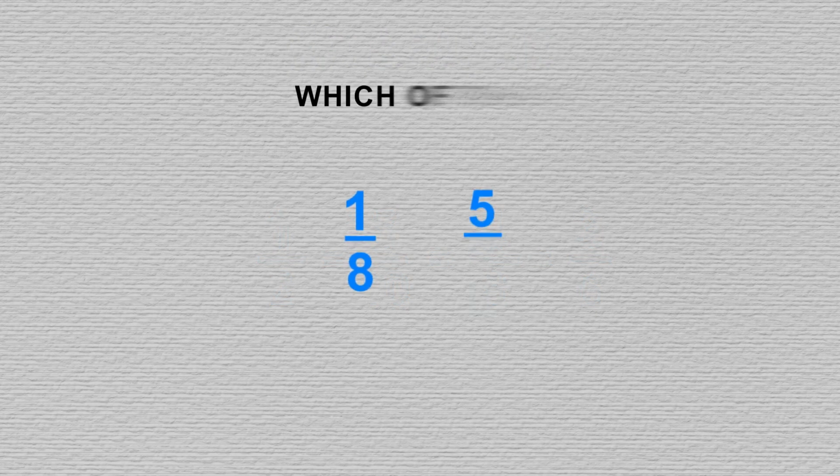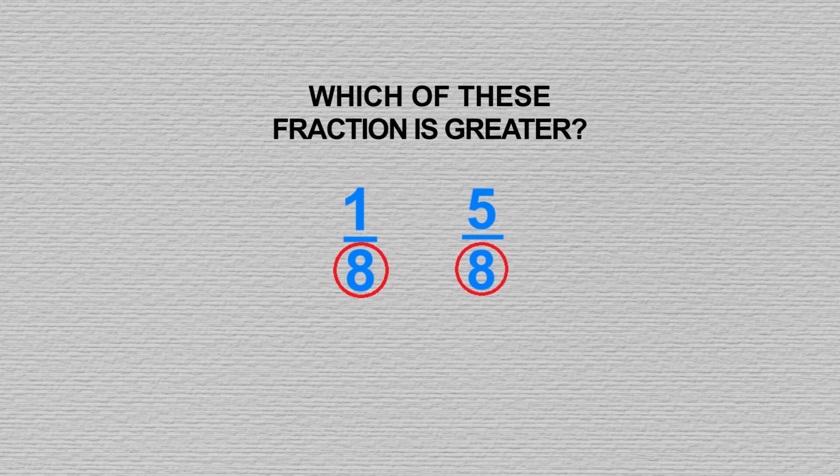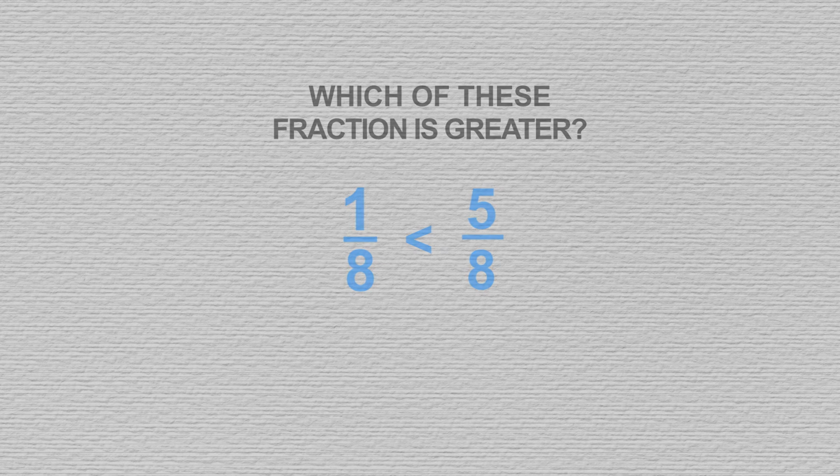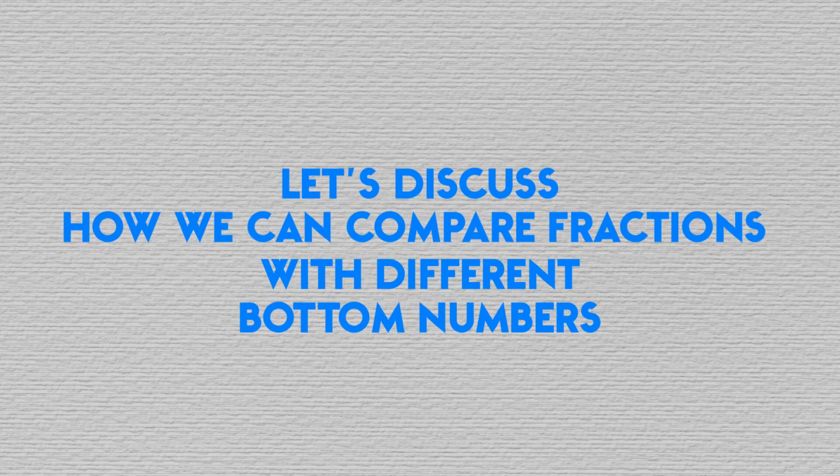Now we know if the bottom number of the fractions is the same, then we can find out the greater fraction by just comparing the top numbers. Now let's discuss a trick by which we can compare fractions with different bottom numbers.